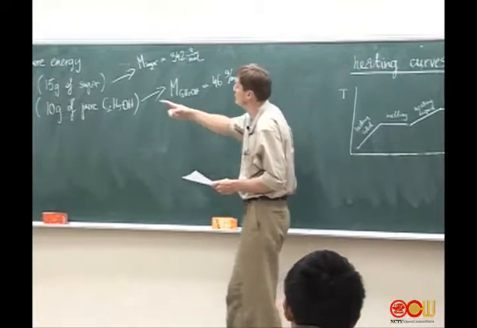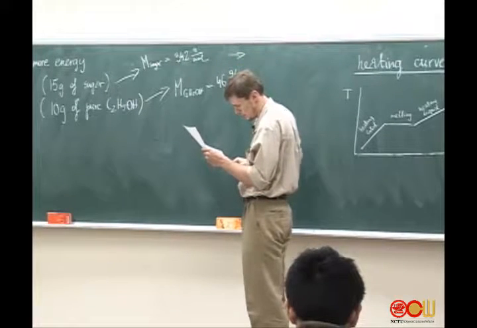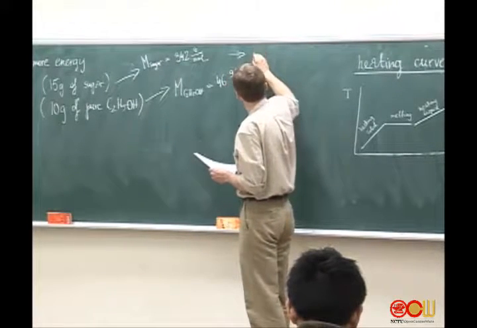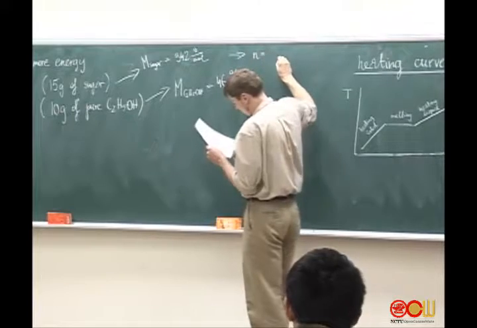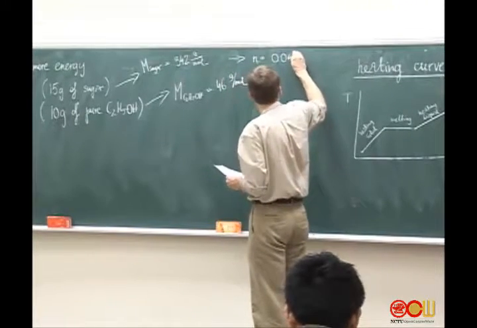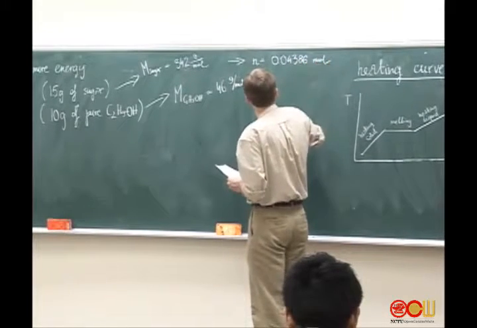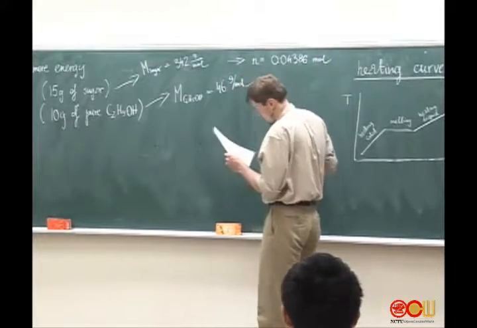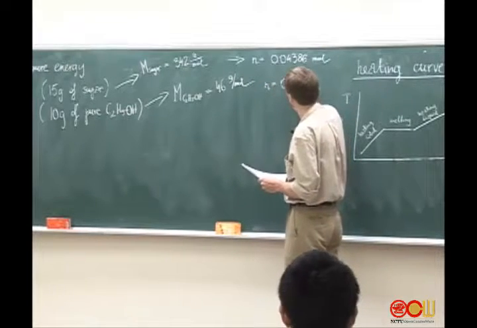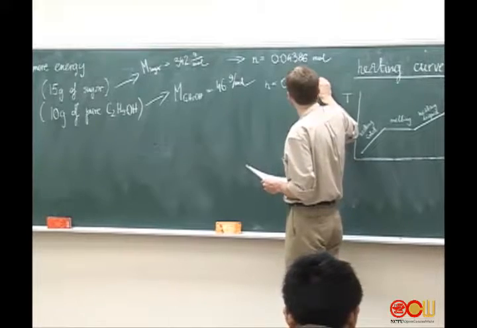So if you divide, you find that the number of moles of sugar is 0.04386 mole, and the number of moles of ethanol is 0.2174 mole.